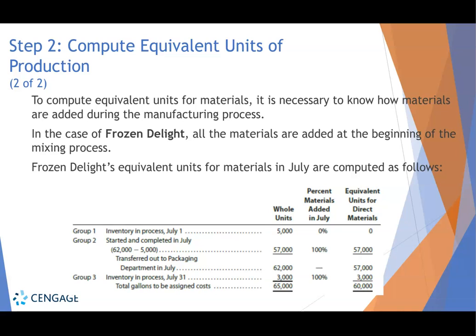Here, this slide shows the whole units for the three groups of units determined back in step 1 are listed here on the first column. The percent of materials added in July is then listed. The equivalent units are determined by multiplying the whole units by the percent of materials added.